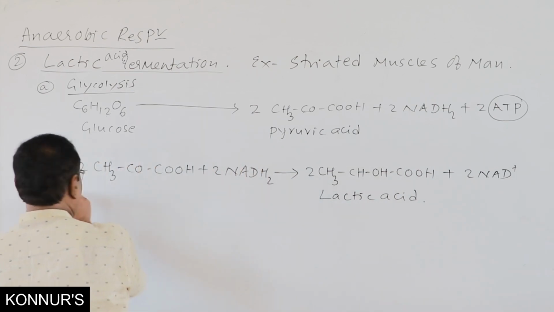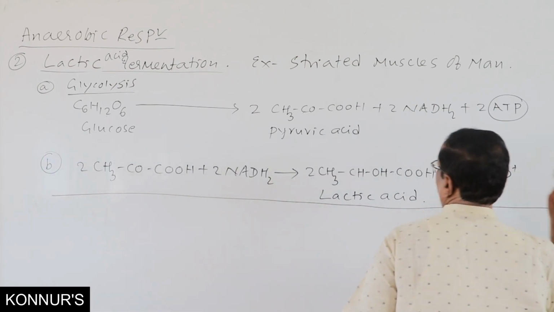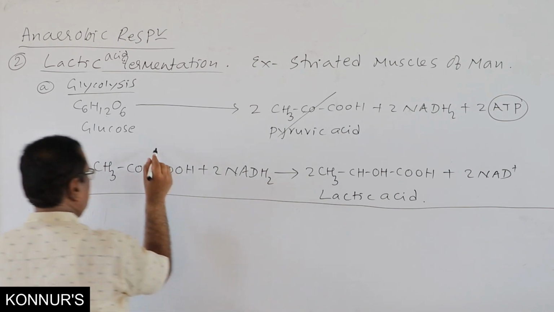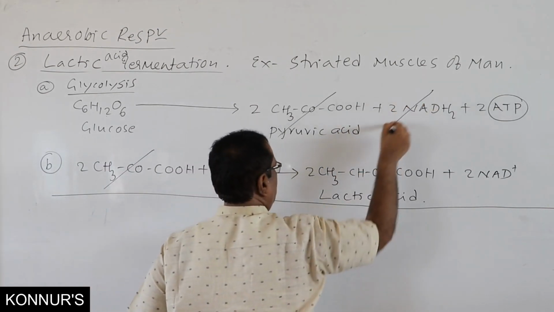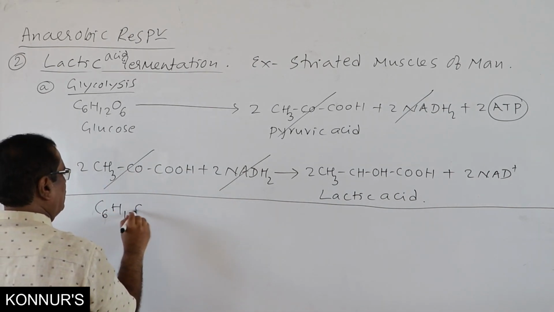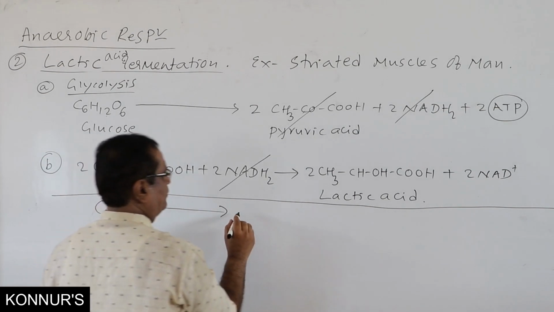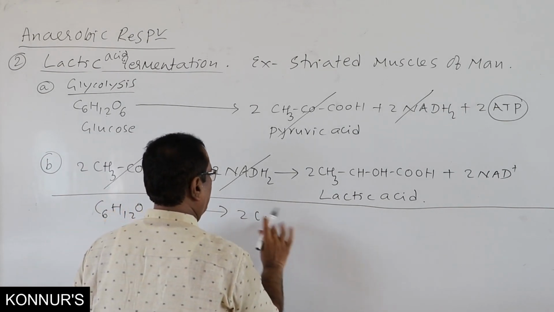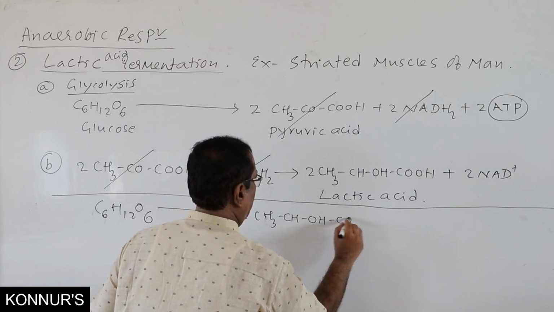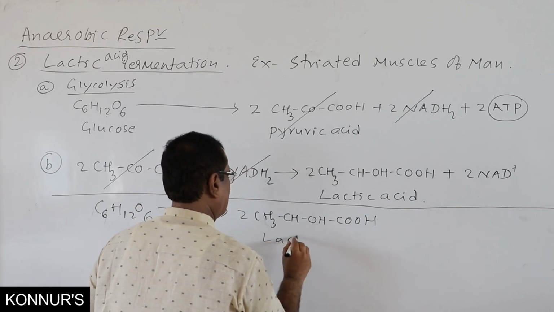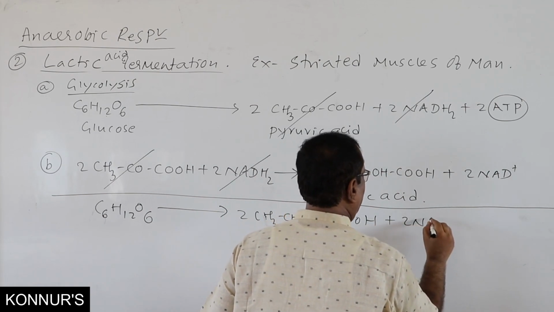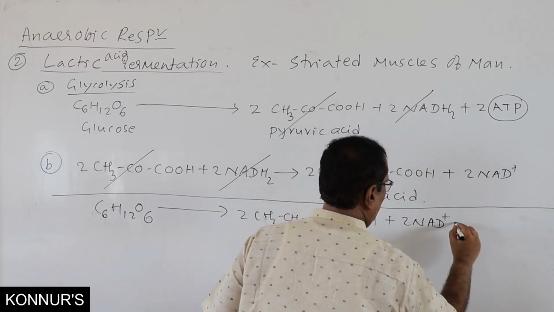If you summarize the equation: C6H12O6 gives 2 molecules of lactic acid, 2 NAD and 2 ATPs.